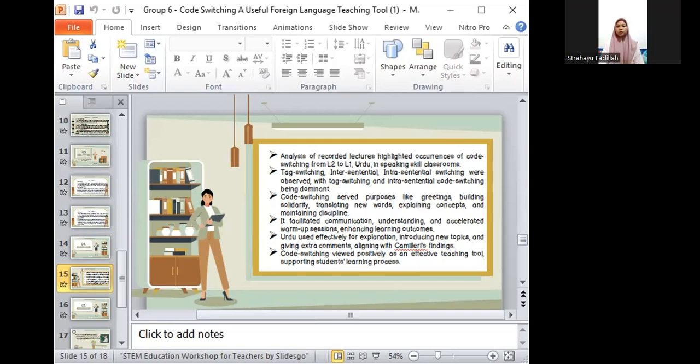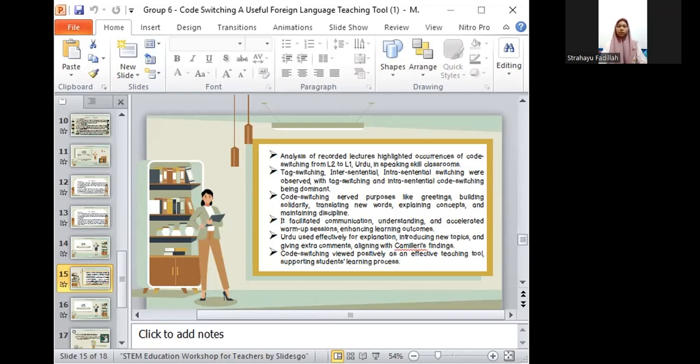Three types of code switching, text switching, intersentential, and intrasentential switching, were identified, with text switching and intrasentential code switching being dominant. During the lectures, code switching served various functions, including greetings, building solidarity, translating new words, explaining difficult concepts, maintaining discipline, and giving counseling.